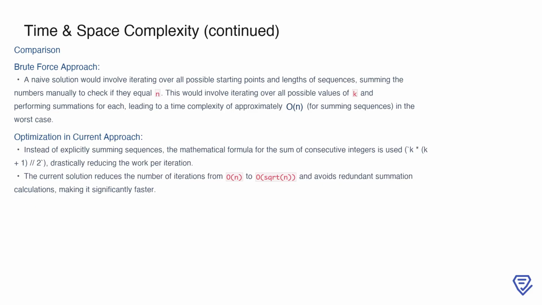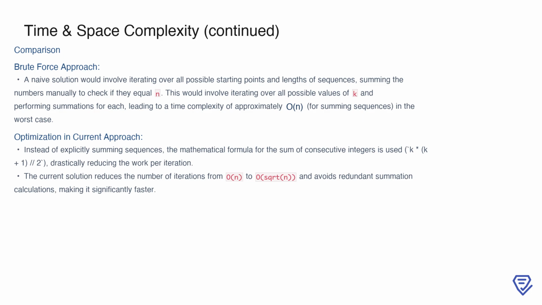When comparing this optimized approach to a brute force solution, the efficiency gains become evident. A naive method would involve iterating over all possible starting points and lengths of sequences, manually summing the numbers in each case to check if they equal n. This would result in a time complexity of O(n) in the worst case, due to the repeated summation calculations for each possible sequence.